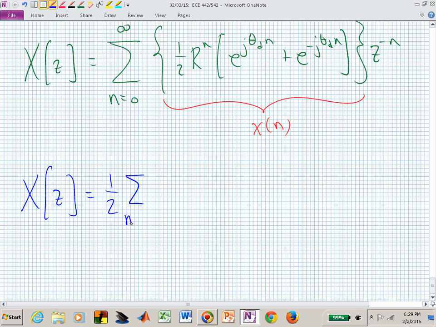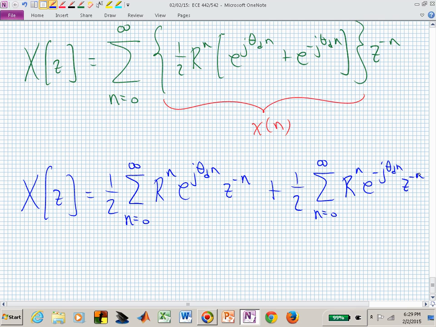We have a sum from n equals 0 to infinity of 1/2 capital R to the n, e to the j theta sub d n, z to the minus n, plus 1/2 summation n equals 0 to infinity r to the n, e to the minus j theta sub d n, z to the minus n.